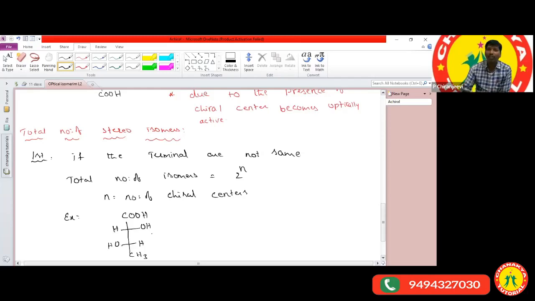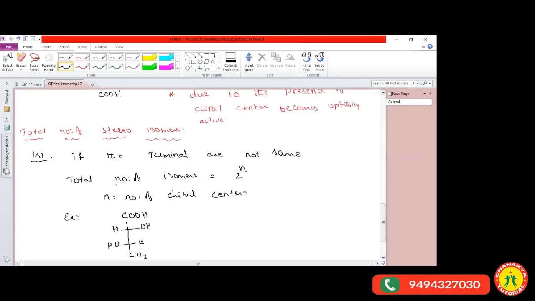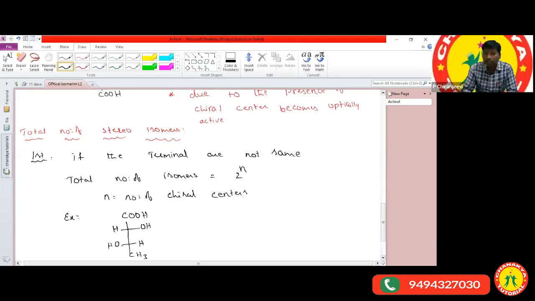So how do you find the 4 isomers? First we have to find the number of chiral centers. How many chiral centers are there in the given structure? Two. So we have 2 chiral centers, the second carbon and the third carbon.